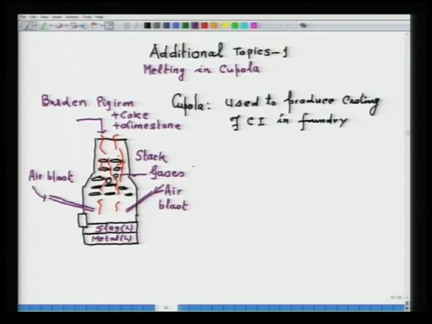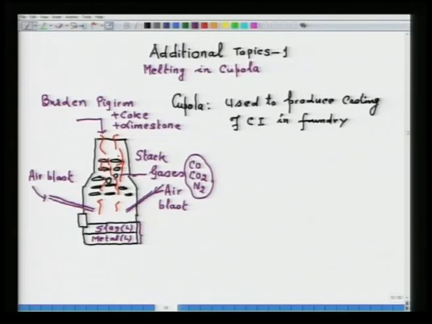So, the gases will comprise CO, CO2 and nitrogen also. They travel upwards, and there is heat transfer and, to a little extent, mass transfer between the descending charge and ascending hot gases.